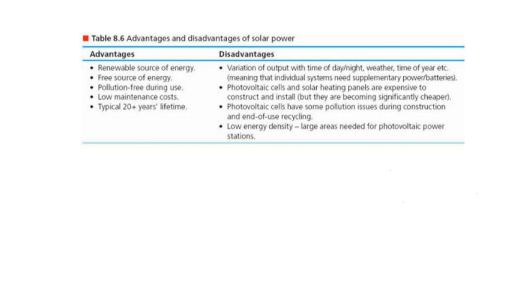Now, solar heaters work in pretty much the same way. You would get your energy in, but this time you're heating up water, so you would use Q = mcΔT.